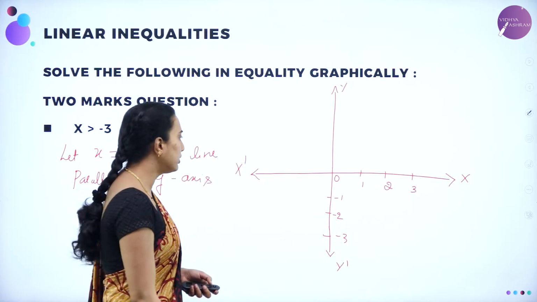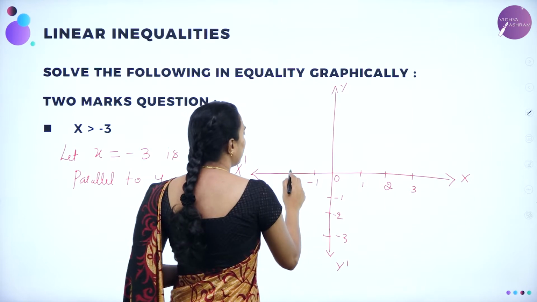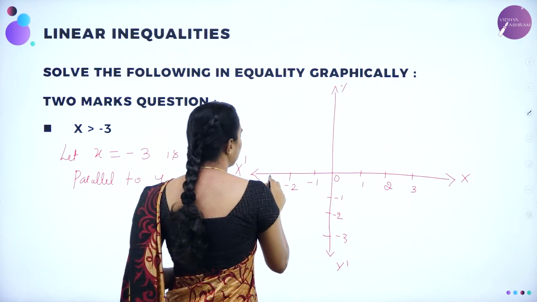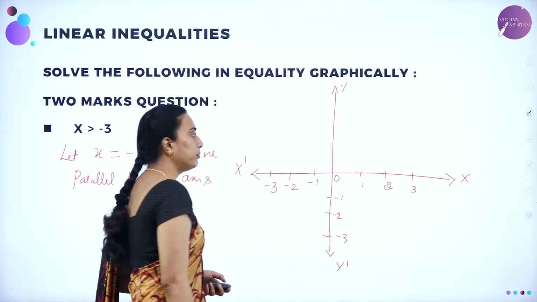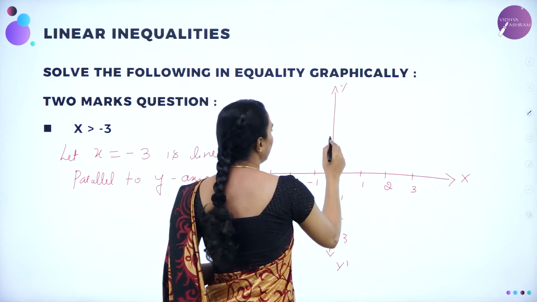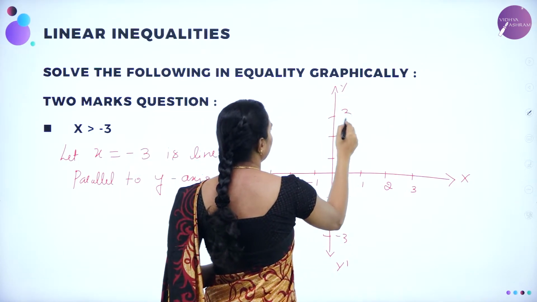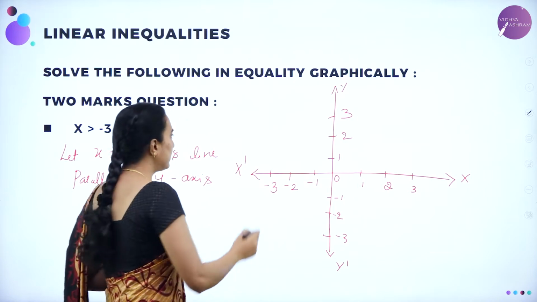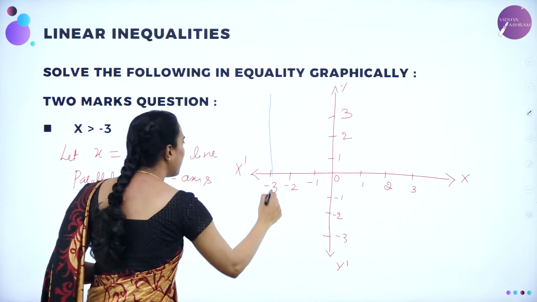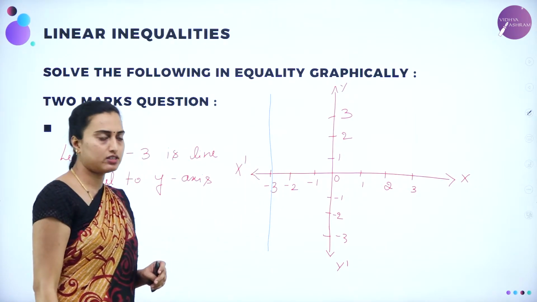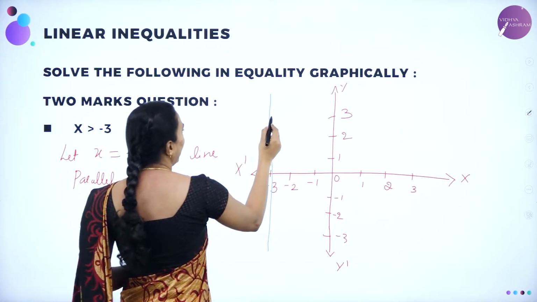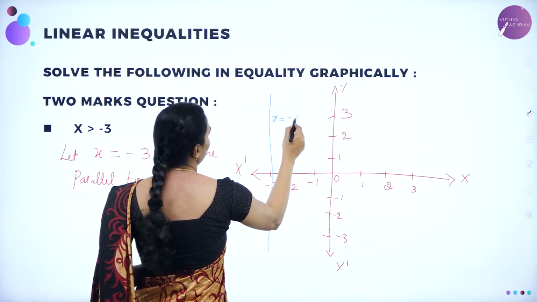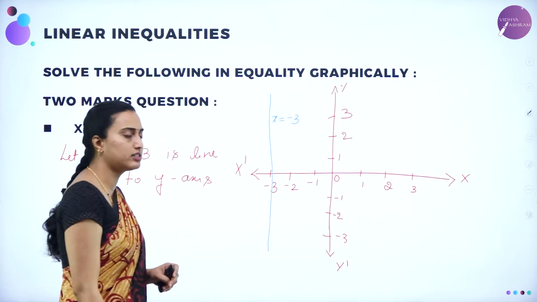Then you are going to mark here -1, -2, -3, and here 1, 2 and then 3. And x is equal to -3 is a line which is parallel to the y-axis. So I am writing here x equals -3, which is a line parallel to the y-axis.